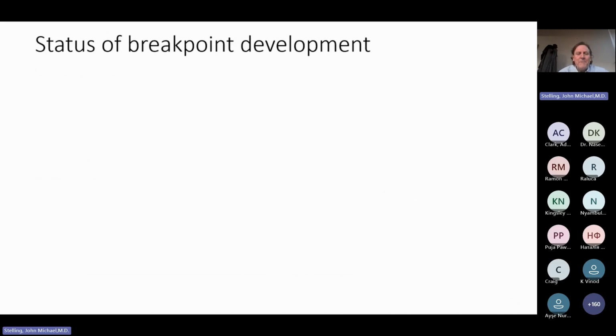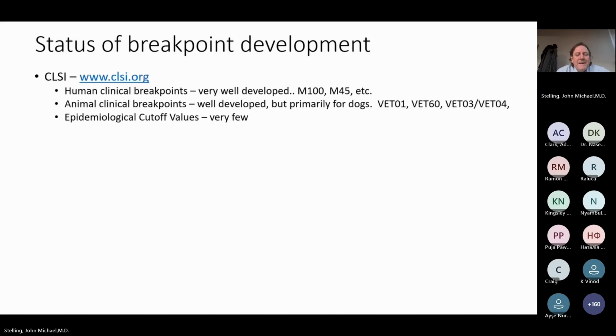So you might decide, I want to use the animal-specific breakpoints, but you've got a problem. CLSI is very well developed on the human health side, M100, M45, a number of these other documents for bacteria and for fungi. And they also have a lot of animal clinical breakpoints, but especially for companion animals, cats and dogs, horses, and some bovine mastitis.